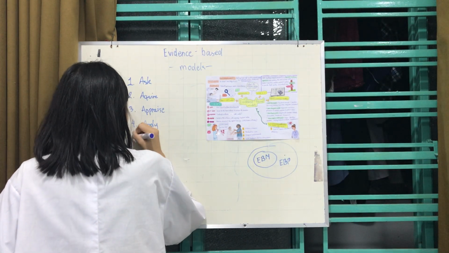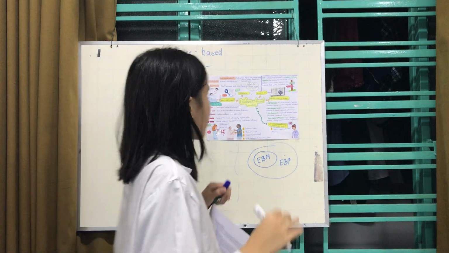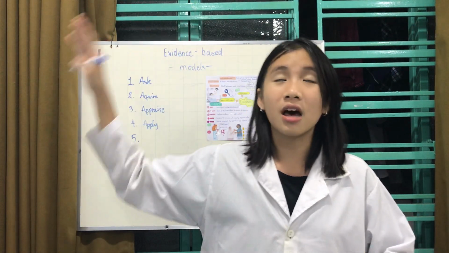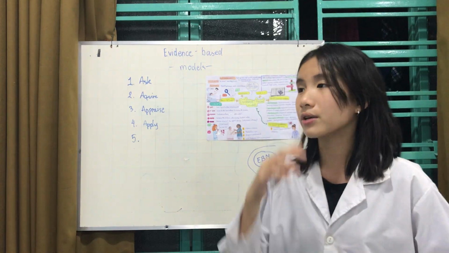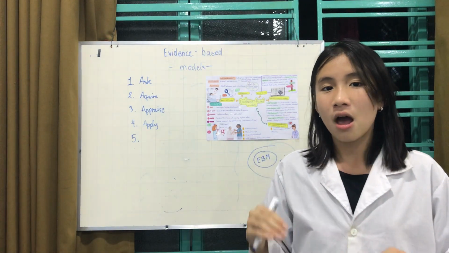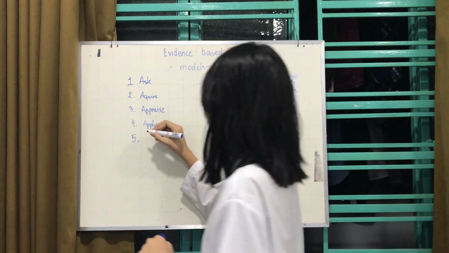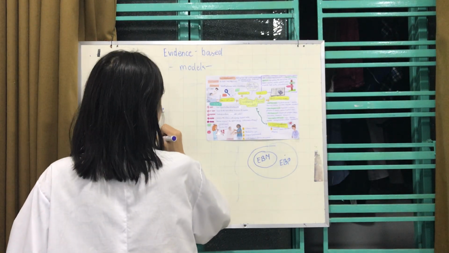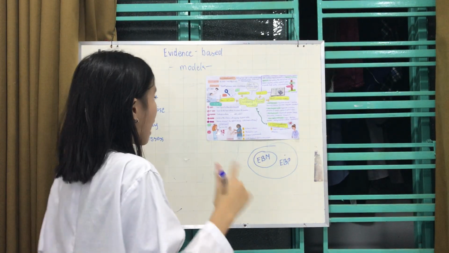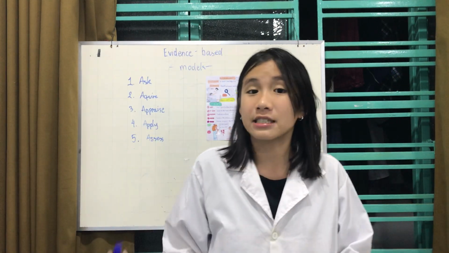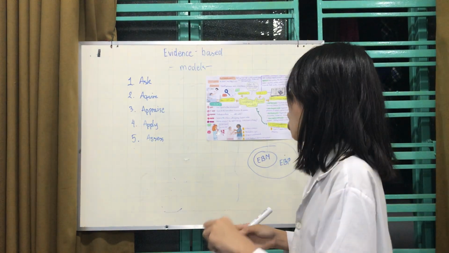And finally, the last step is to assess. So after we've applied all of that, we need to assess the outcome to see if it is effective or efficient. So that is assess. This is measuring the outcomes of the applied change. So basically its effectiveness and its usefulness, or if it is efficient or not.